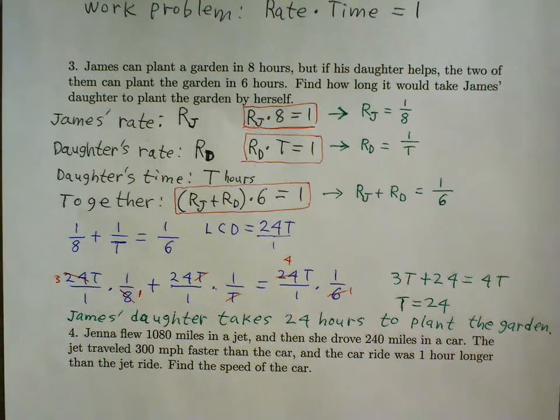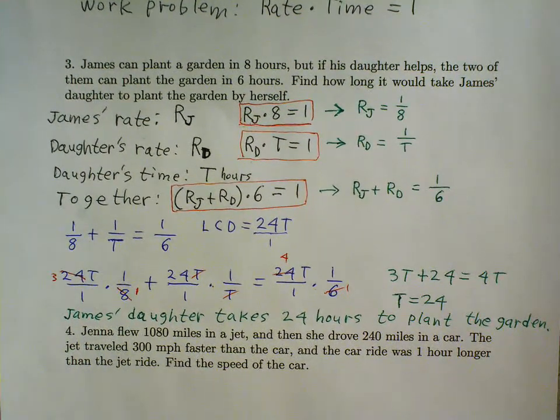Okay, let's get started on the next one, number 4. This one says Jenna flew 1,080 miles in a jet, and then she drove 240 miles in a car.